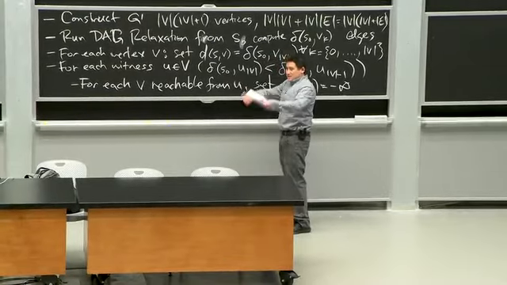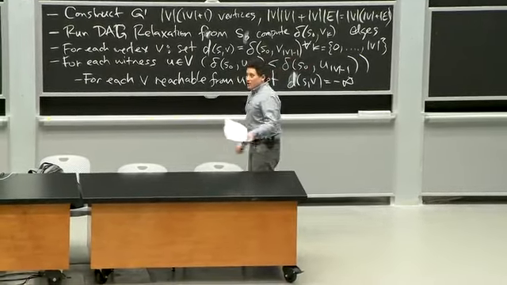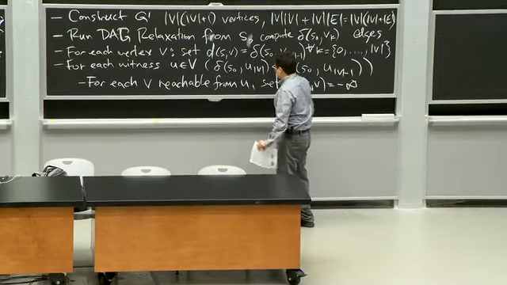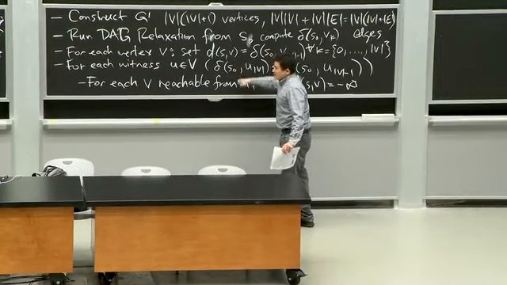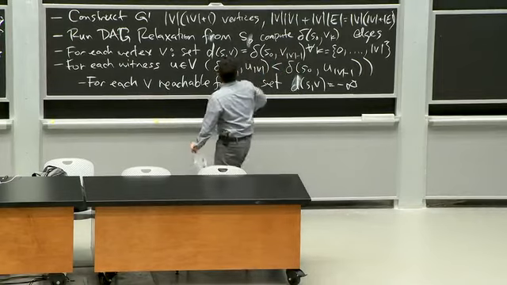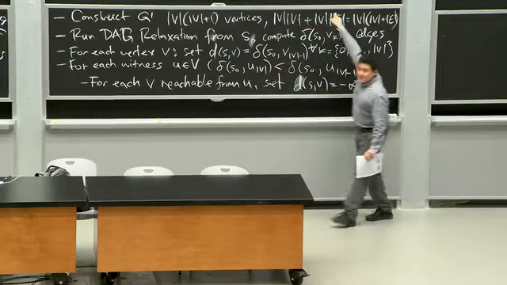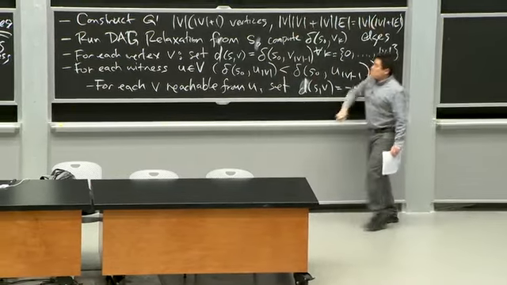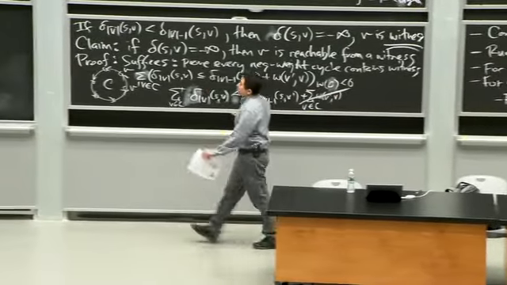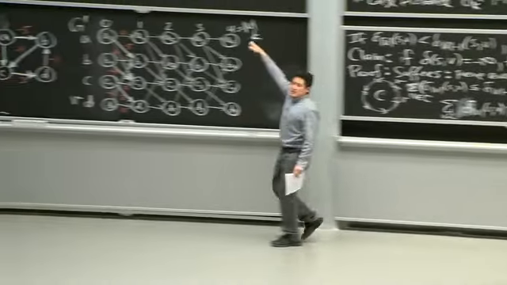Because we don't need to consider the things that aren't connected to the witness. So this takes order V times E work. So we're upper bounded by the time it took to construct the original graph, and by the claim we had before, that takes V times E time.